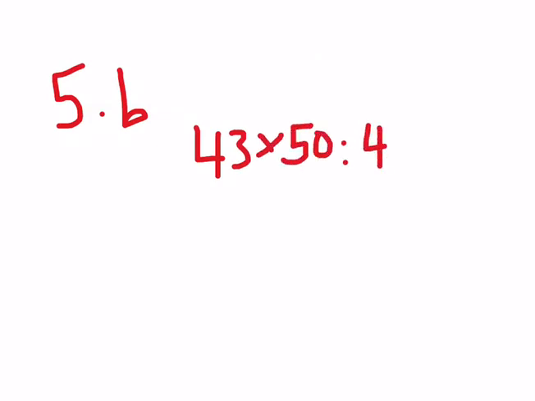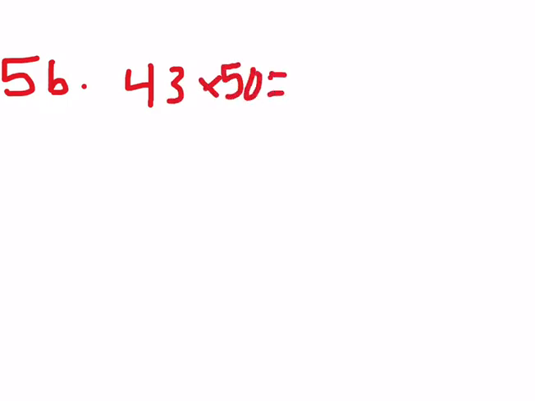5B. Now, 43 times 50. And they ask us 43, sorry, let me draw you a better one. 5B. Okay, so 43 times 50, they gave us questions like this: 43 times what, times 10.